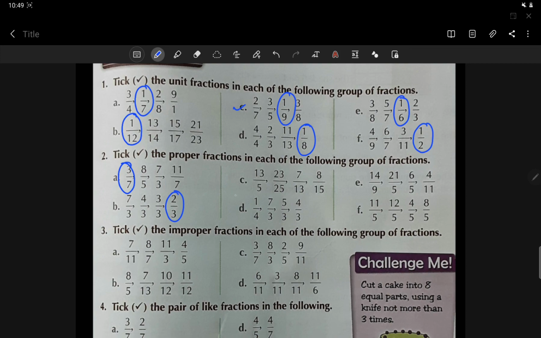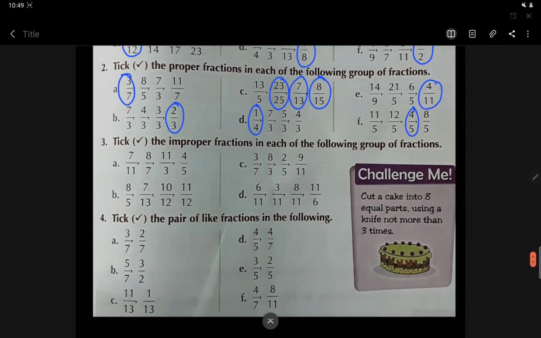For question C, 23 by 25, 7 by 13, 8 by 15, they are all proper fractions. 1 by 4 for question D. And question E, only 4 by 11. Question F, 4 by 5, only 4 by 5.